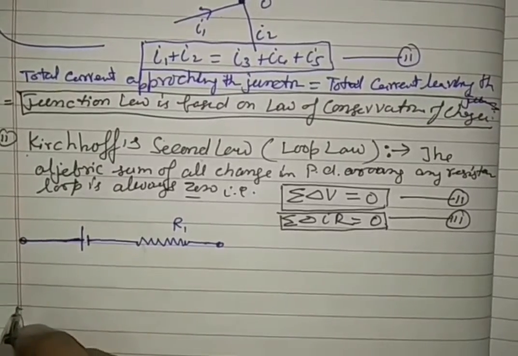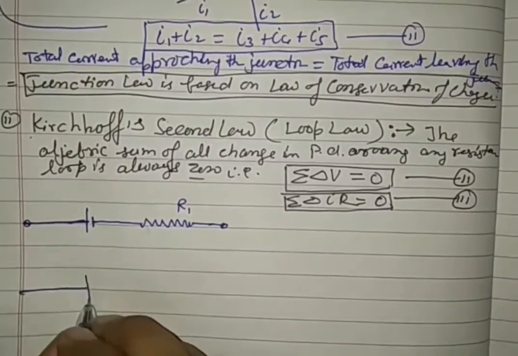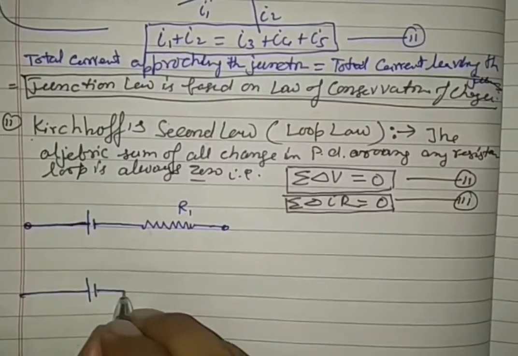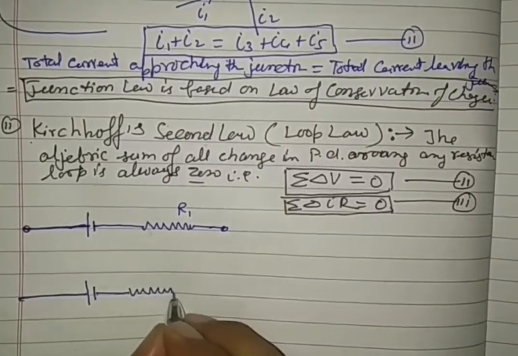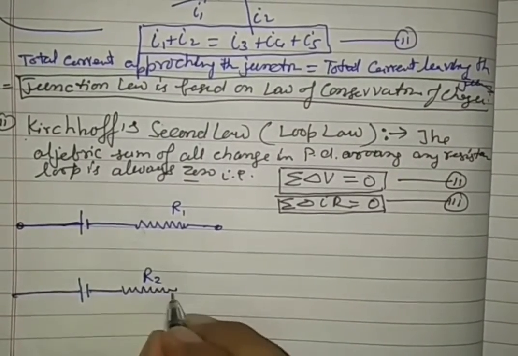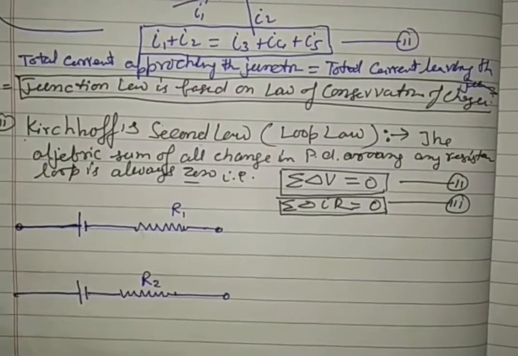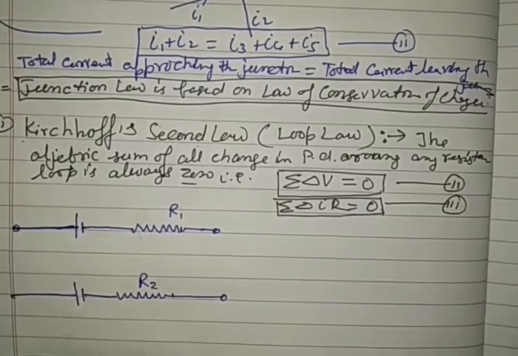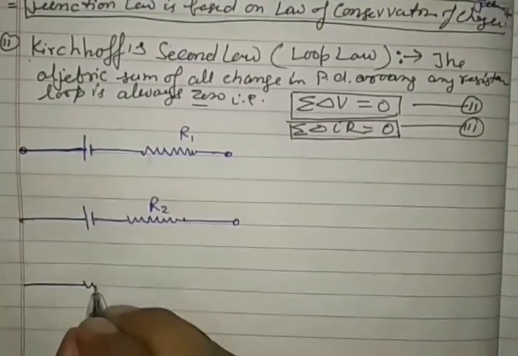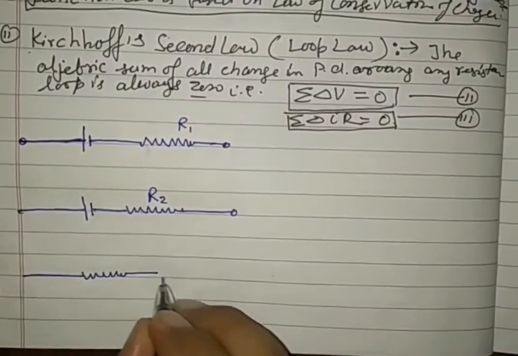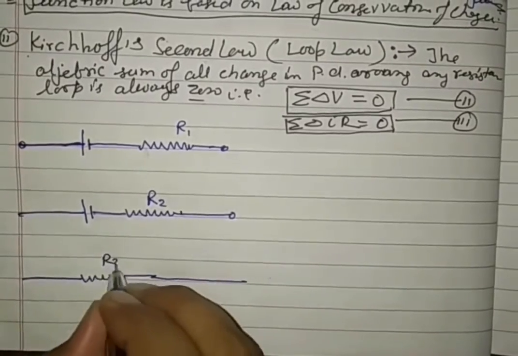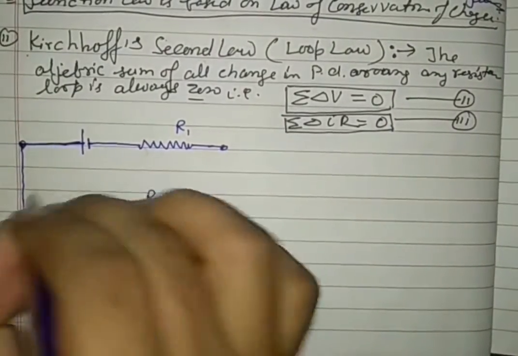Now the second one, a cell connected with resistance R2 here, and in the third line one more resistance is connected here, R3. It is connected like this.